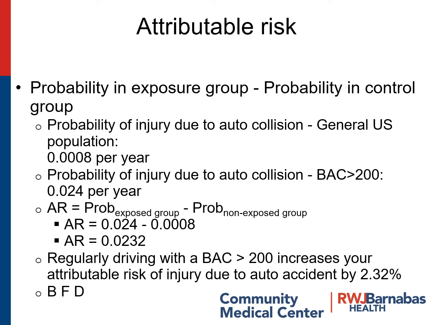And the probability of injury due to auto collision when blood alcohol is greater than 200 is 0.024 per year. So you do the math and you get an attributable risk of 0.0232. What this is saying is driving with a blood alcohol concentration greater than 200 increases your attributable risk of injury due to auto accident by 2.32%, which kind of sounds like a low number.